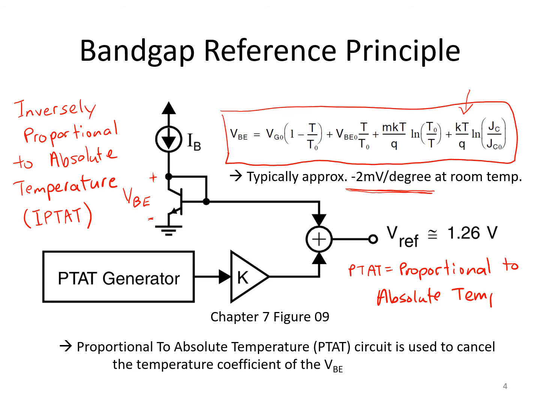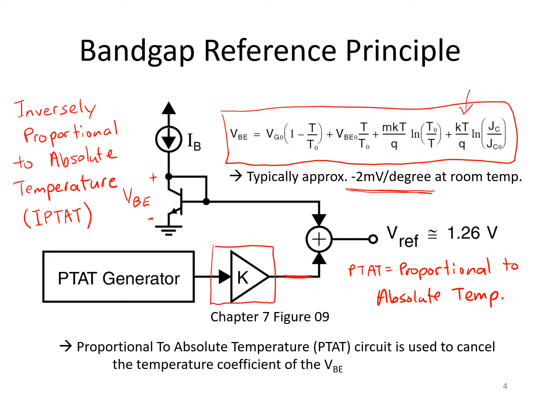So you have the IPTAT voltage of VBE, and you somehow have to create a PTAT voltage, and then you have to scale it by a gain constant K so that the result has the exact opposite temperature coefficient as your IPTAT voltage source.